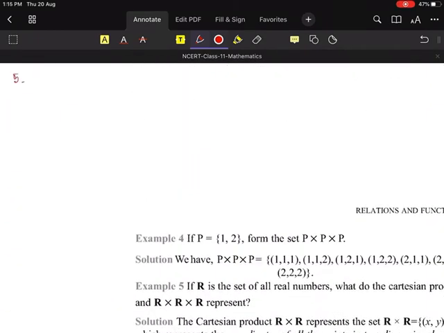So let's do question number 5. They said A is equal to {-1, 1}, and you have to find A cross A cross A. Cartesian product was what? If I have to find A cross A, it will be like this. Now in here three sets are there.